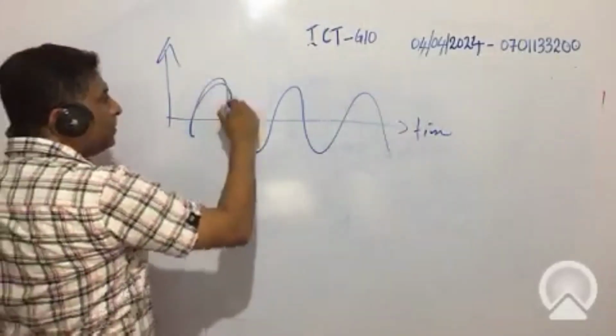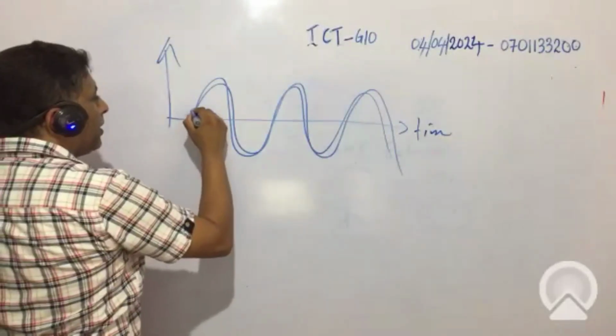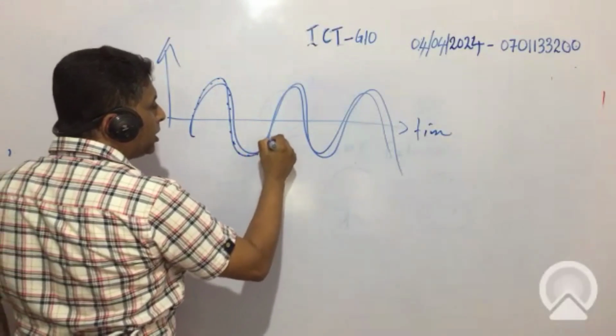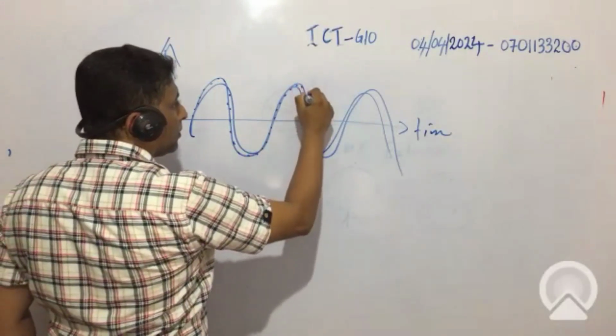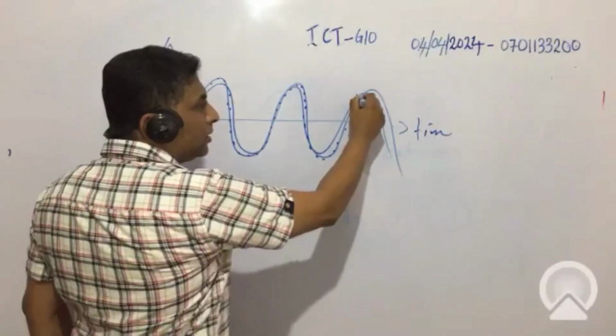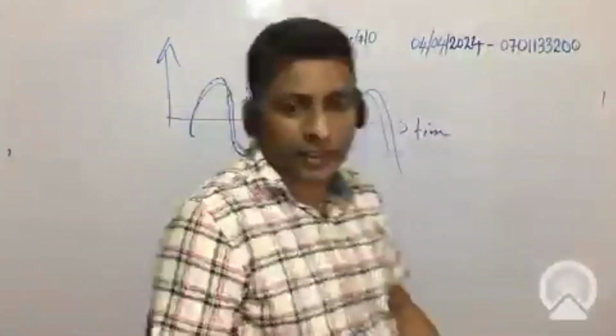So the signal goes like this, so you can determine values for each position. If you take any position, there's a value, right? It's a continuous signal.